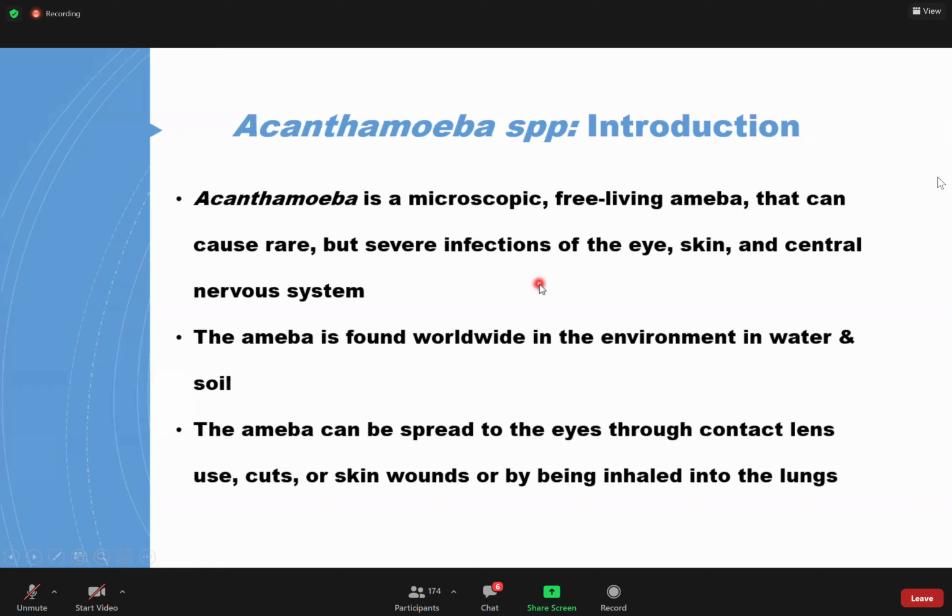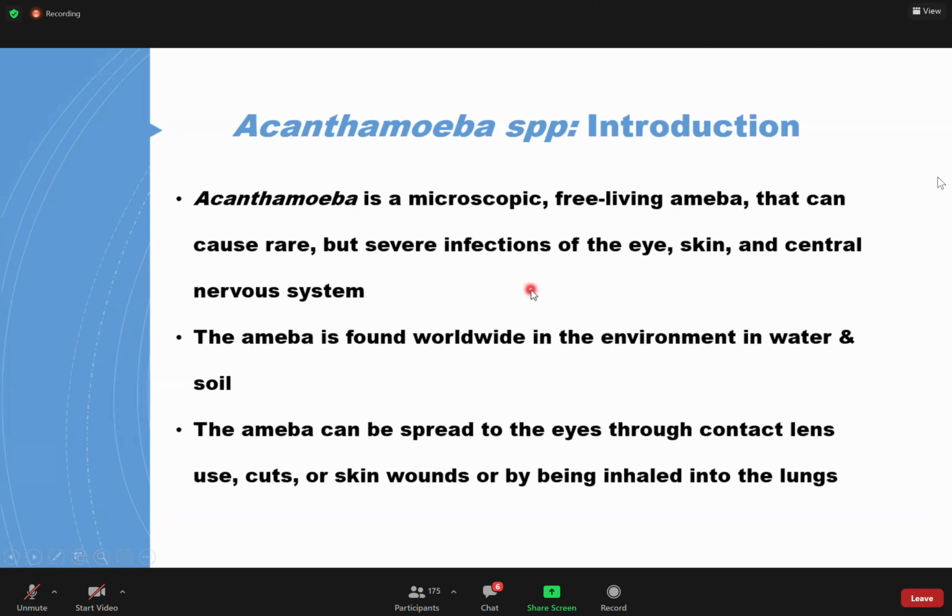The organism can spread to the eyes through the use of contact lens, or when you have cuts and you go swimming in a lake that has the organism, or you have a skin wound and the water used to irrigate the wound is not free of the pathogen.